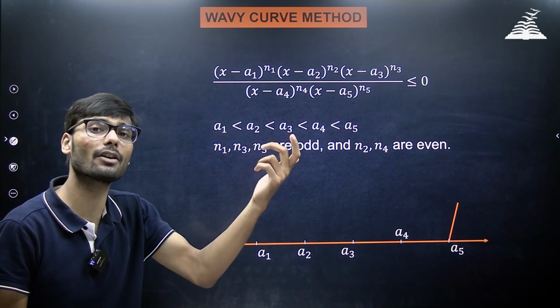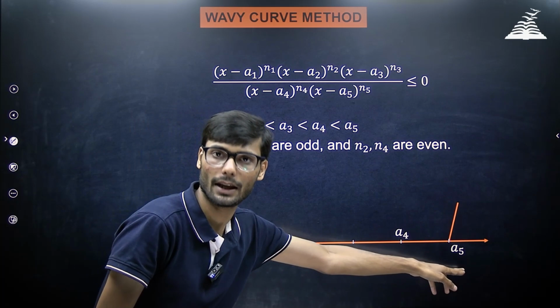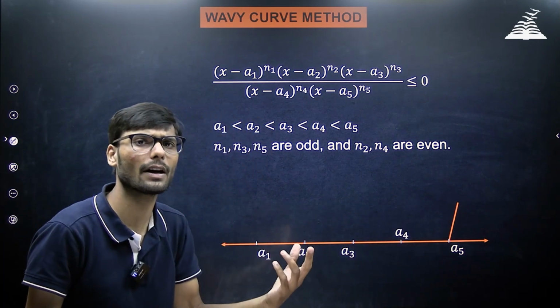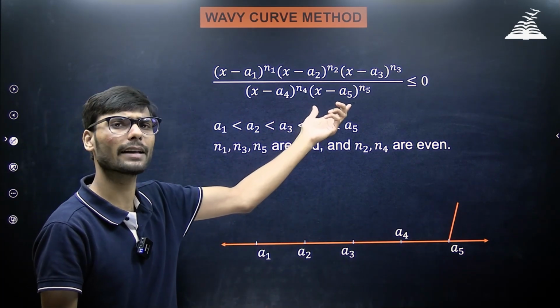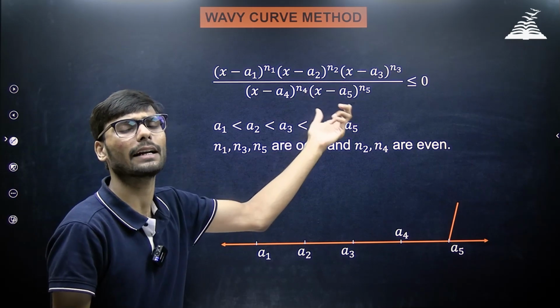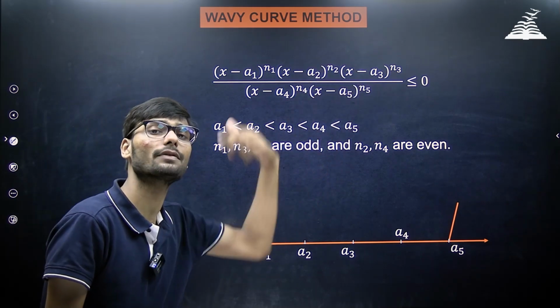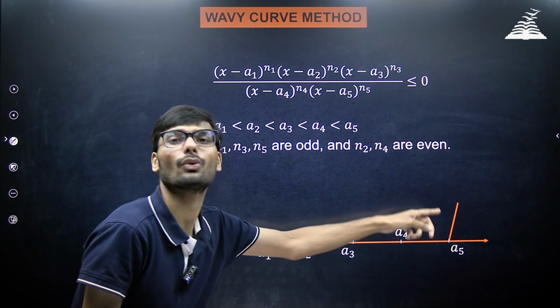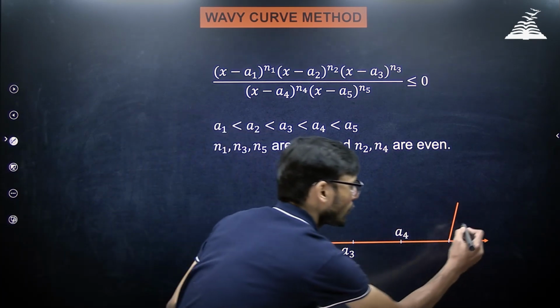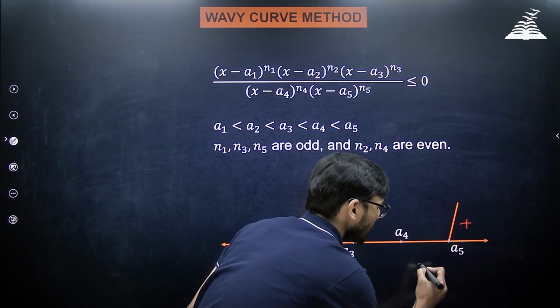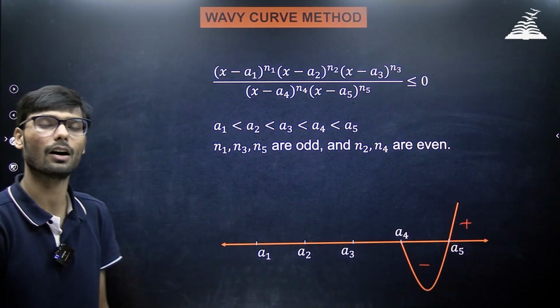We are around a5 right now, and a5 is the 0 of x minus a5, and the power of that expression is odd. If the power of that expression is odd, the sign is going to change, right? So this was positive here, now it will become negative.